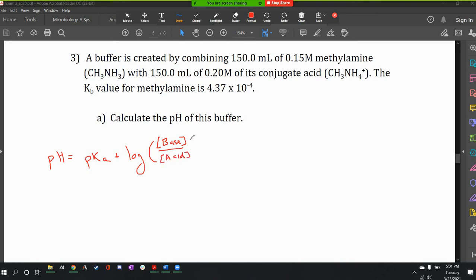This only applies to buffers, correct? It does, yes. It does only apply to buffers. The good thing is that it also comes into play when you're doing titrations. Specifically, titrations that are not like the one we just did, so not where it's strong titrated with strong, but titrations where it's strong titrated with weak.